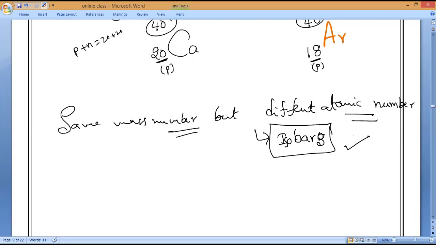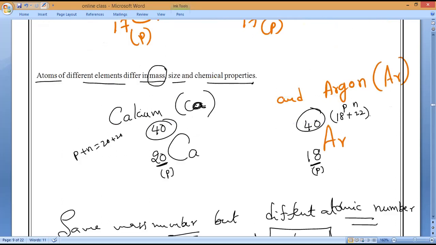That is isotopes and isobars. So these are the three drawbacks of Dalton's theory. Anybody having any doubt? Please let me know. Are you all understanding? Yes, everyone please remember.